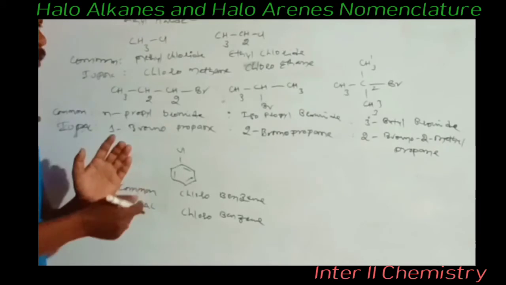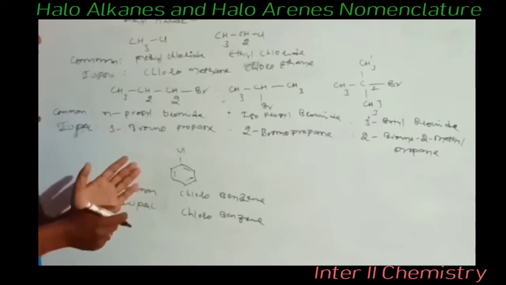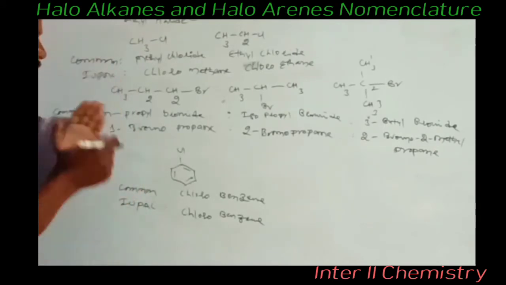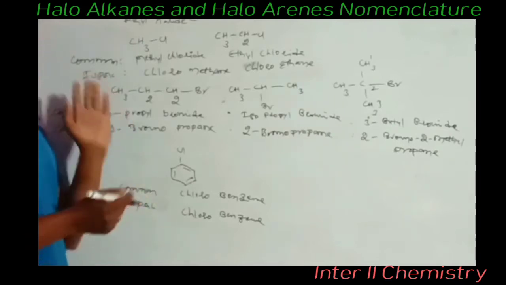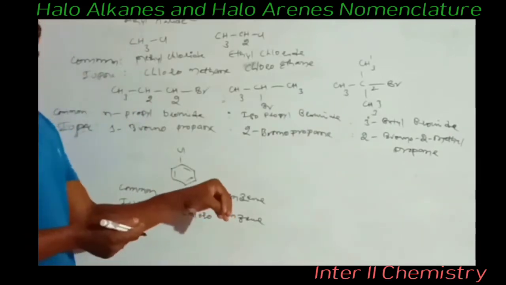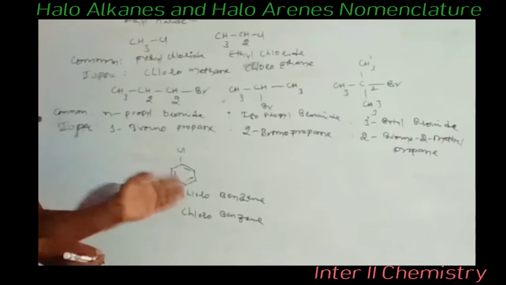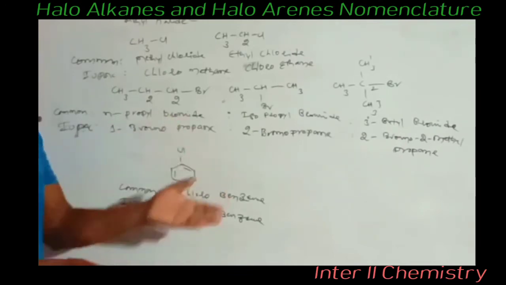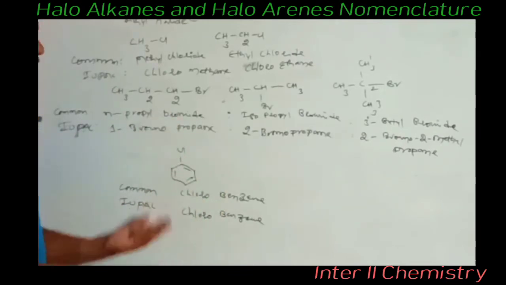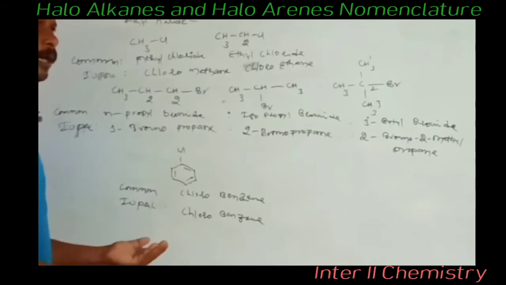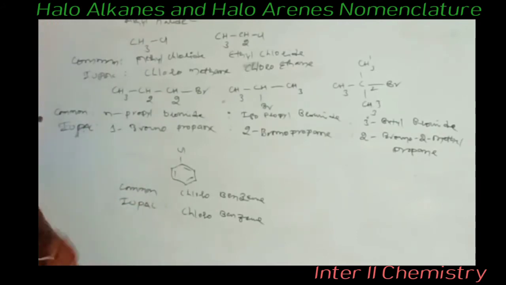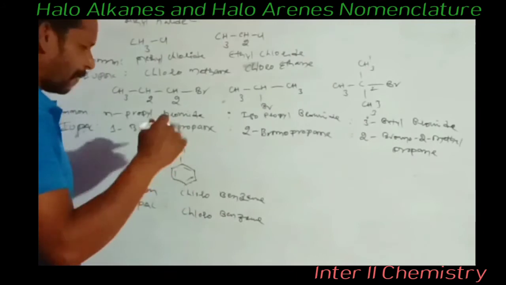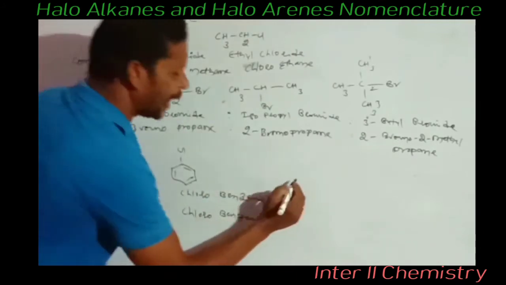While giving the IUPAC or common nomenclature of the haloarenes, you write the halogen name first as halo, then the aromatic ring. For example, instead of benzene, if you write naphthalene, it is chloronaphthalene, bromonaphthalene, iodonaphthalene, like that. But it is somewhat different for dihalogen compounds.